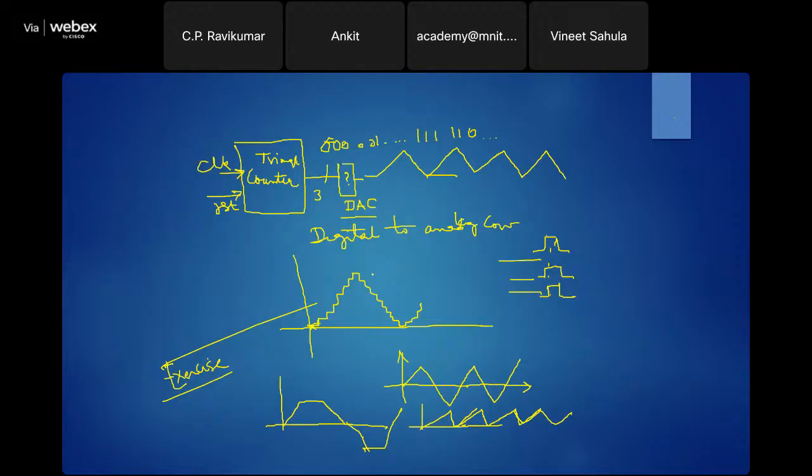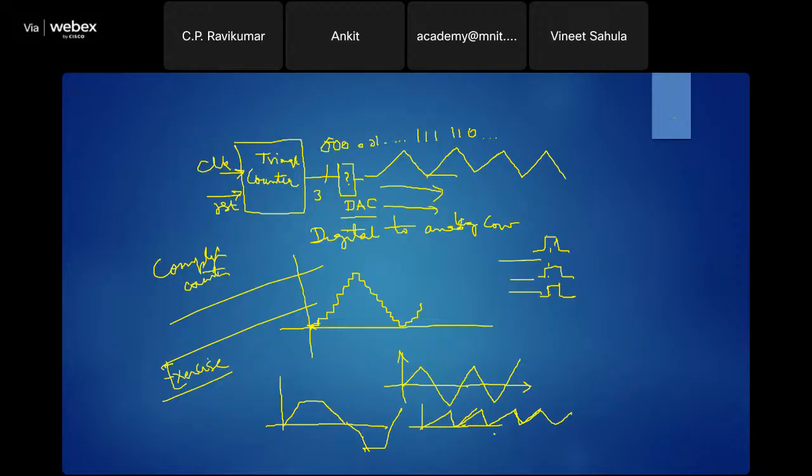Any questions? So what would be a really challenging project is to change that counter to generate different waveforms. You can create a more complex counter which produces different waveforms, so it's somewhat programmable in nature.